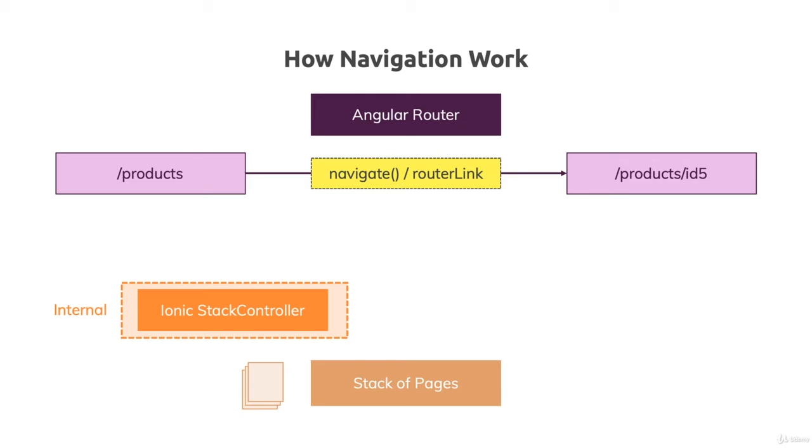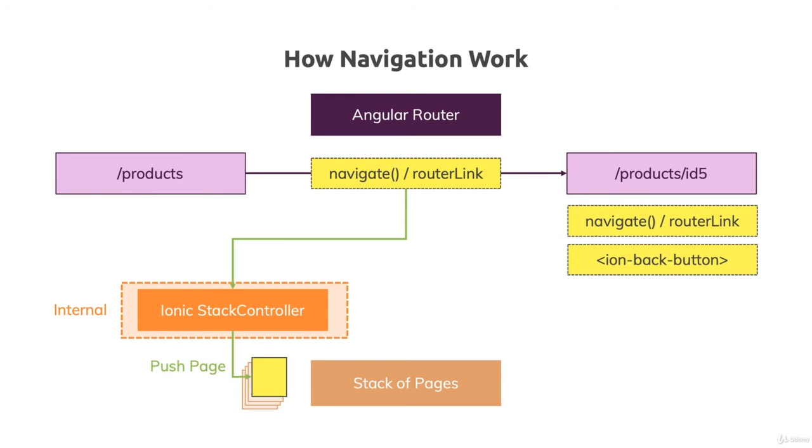And as I mentioned, when you use the Angular router for navigating, Ionic basically watches the Angular router. It has a listener to your routing actions. When you go forward, it basically pushes a new page onto that stack. And when you go back, or use that ion back button, it pops that topmost page off.